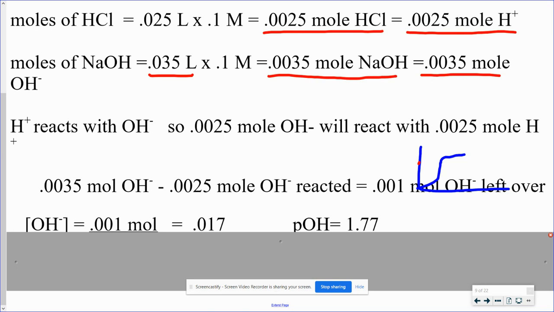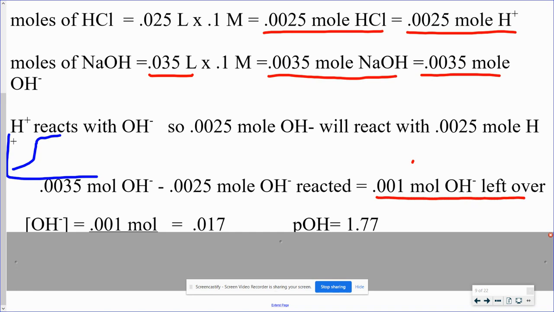And so when I subtract that out, what I'm going to have left is, let me move this out of the way if I can. That was my pH curve. Okay, so what I'm going to have left now is 0.001 moles of OH- left over.